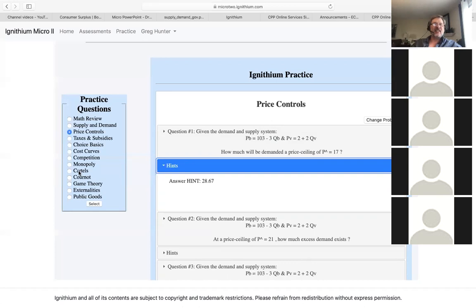So that's the gist of it: you want to graph out your equilibrium. If you don't graph the equilibrium, you could solve it all algebraically, but I'll tell you a little bit later. We're going to start to identify areas of consumer and producer surplus, total surplus, net social benefit, and all that other stuff.